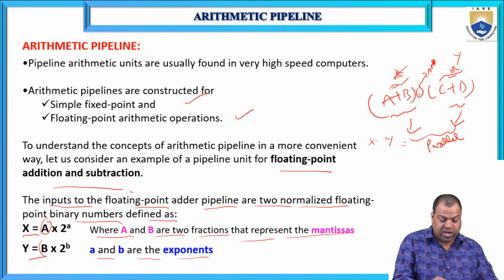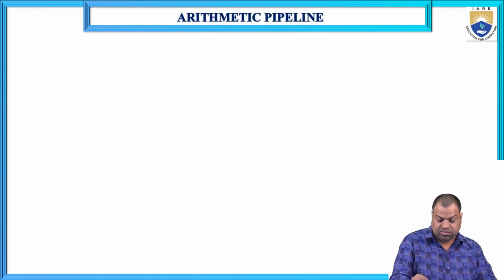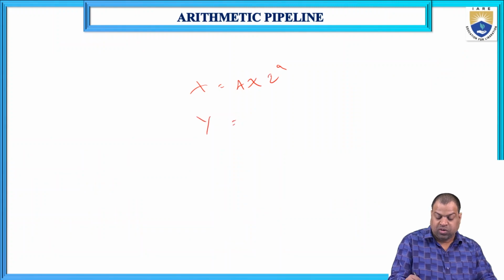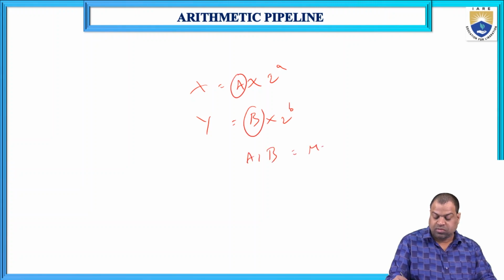So A and B are mantissa, X equal to A into 2 power a, Y equal to B into 2 power b, and small a and b are exponents.